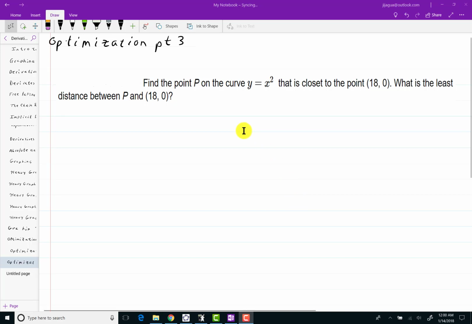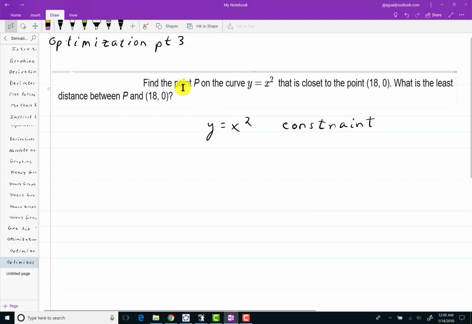Well, the first thing that we have is that y equals x squared. One can think of this as a constraint. And what we want to do is minimize the distance between any point on this curve and the point (18, 0).